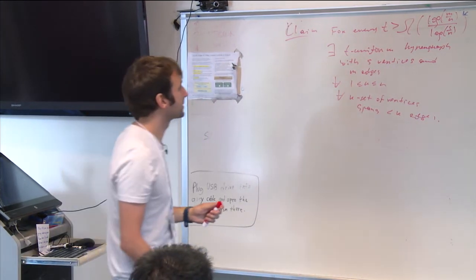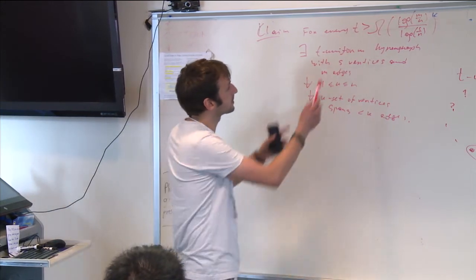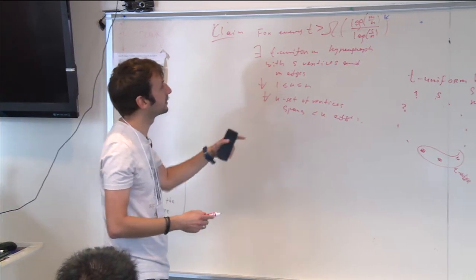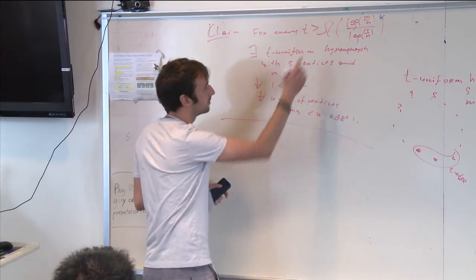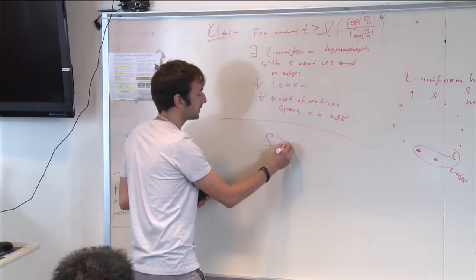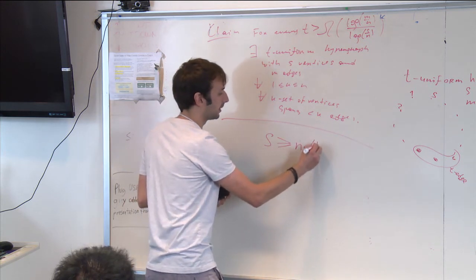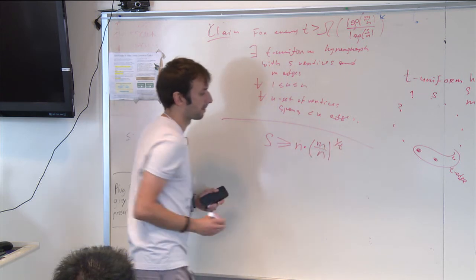So in some sense, this lower bound can be a tiny bit improved, actually. This is a function of two parameters, t and s. When you write this bound in terms of s, then we have this lower bound: S is at least n times (m over n) to the 1 over t.